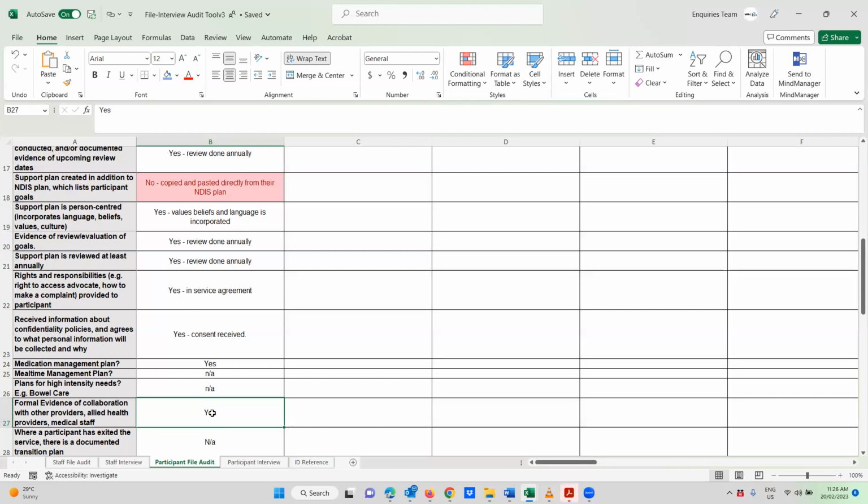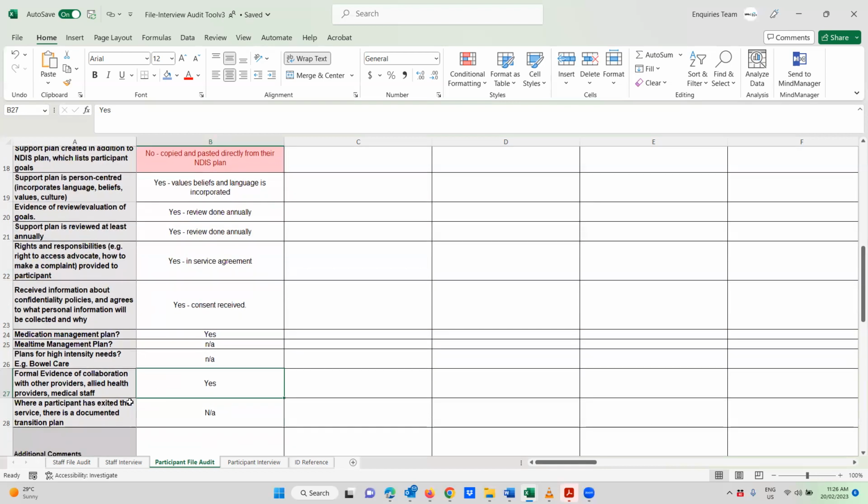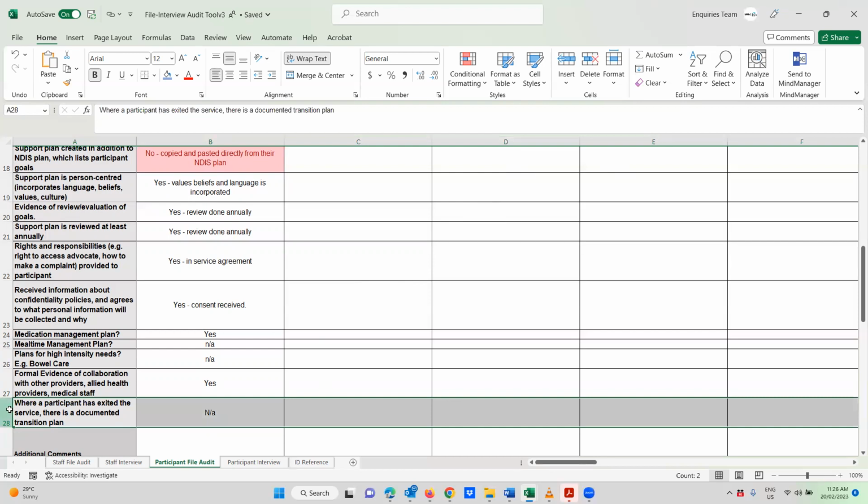Where a participant has exited your service to go to another provider, you are required to give that provider what's called a transition plan, another name for that is a discharge plan. What it does is outline all the risks that you know of about that person, because that can save injury and a life and time spent for that provider finding out on their own what that person's risks are.